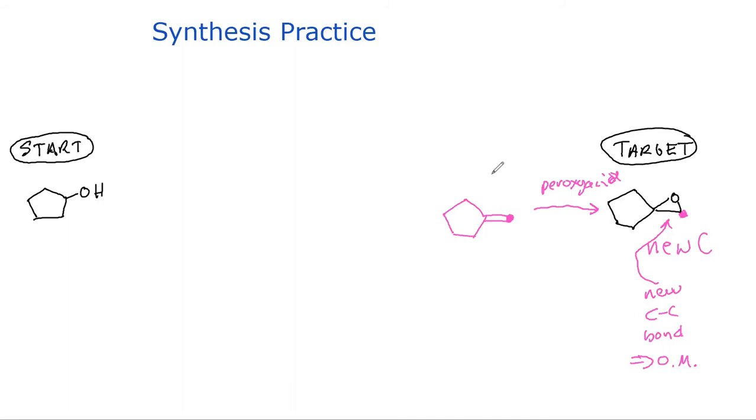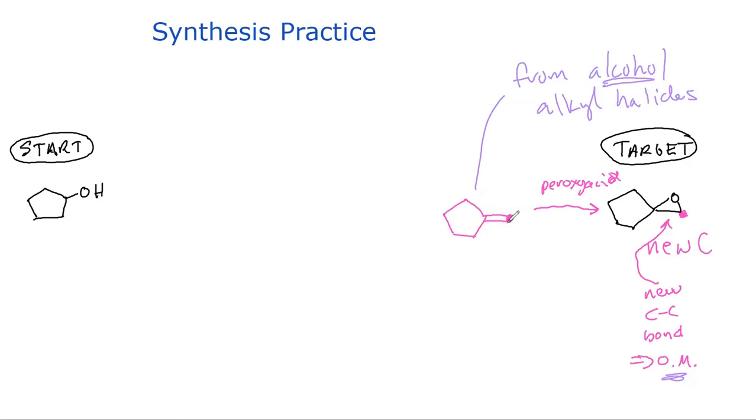And we can make alkenes from alcohols. We can make them also from alkyl halides. And we know that if we're using an organometallic, a frequent product is an alcohol.